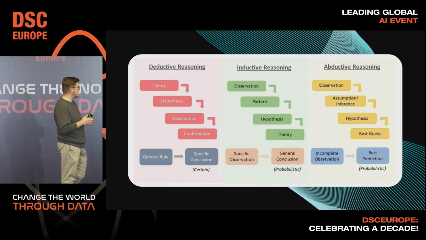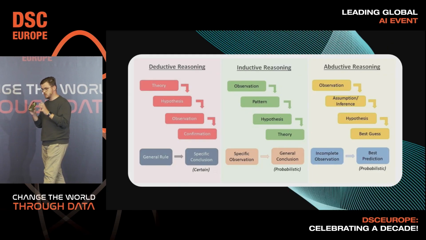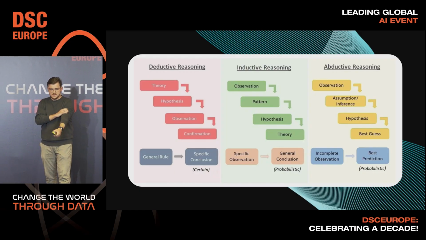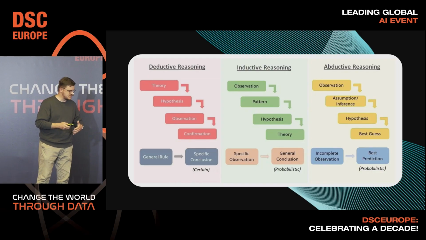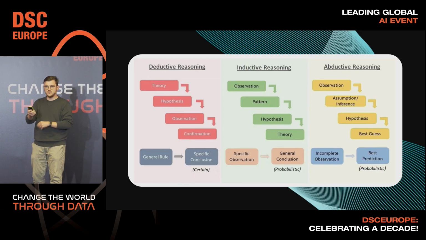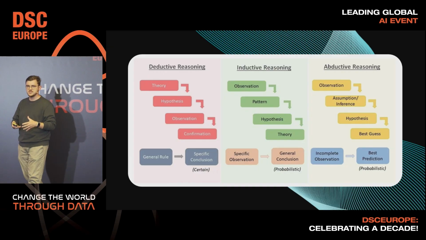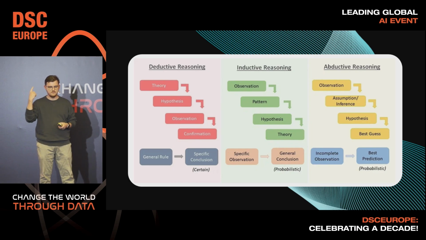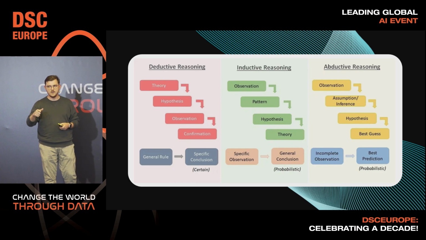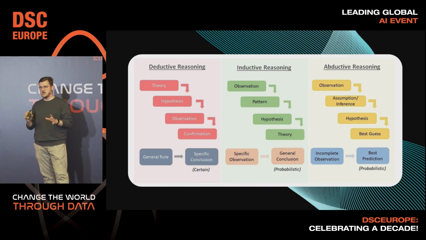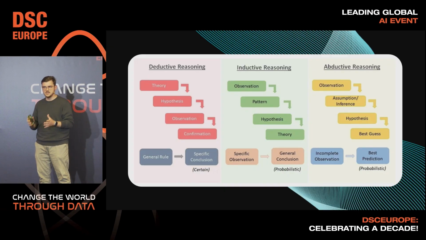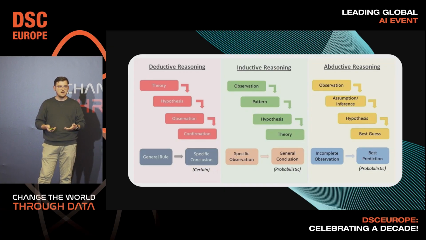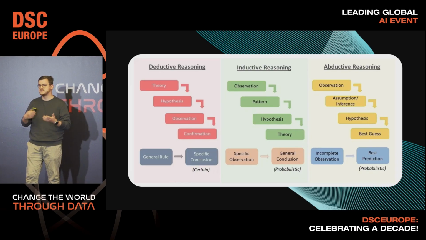For that, we have to discuss three types of logical reasoning approaches that we use as humans. The first one is deductive reasoning. That's an approach that allows us to draw conclusions from general rules. For example, if I put my finger in a fire, it will burn. This is a 100% certain conclusion without any doubt, and that type of reasoning we use on an everyday basis for numerous decisions we're making.